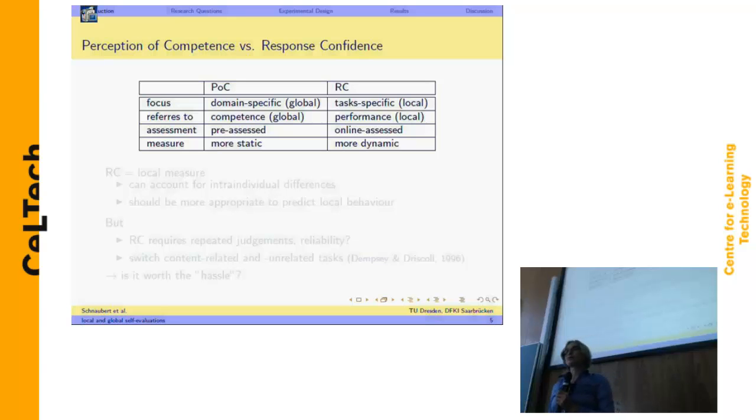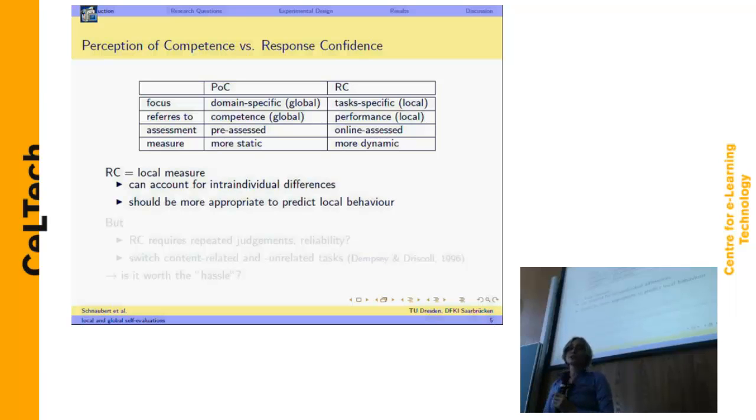So usually perception of competence is assessed via questionnaire data, for example, prior to learning phases, and response confidence is always assessed online, again and again within the learning task. So perception of competence is also of course more static, while with response confidence, the student can really react to difficulties he or she perceives while working on a learning task.